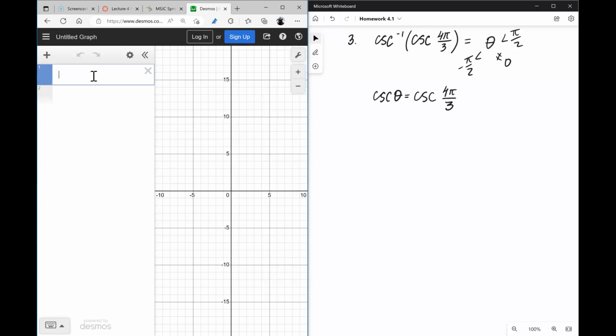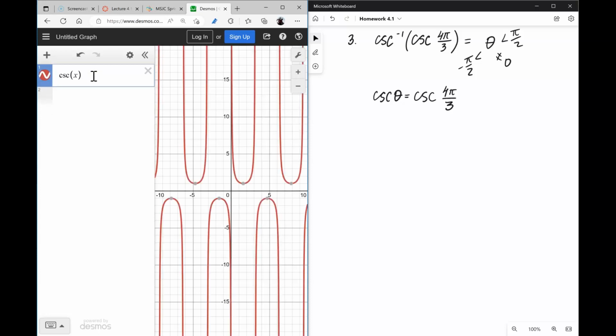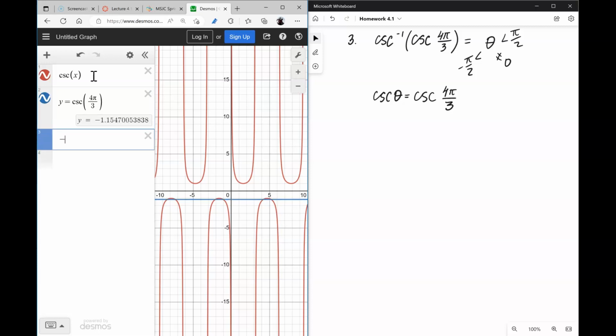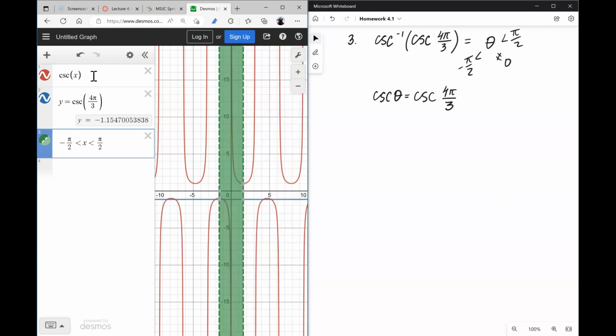So let's graph the function. So we have cosecant of x. We want the output to be equal to cosecant of 4 pi over 3. But we want our x to be between negative pi over 2 and pi over 2. So this is what we're doing.